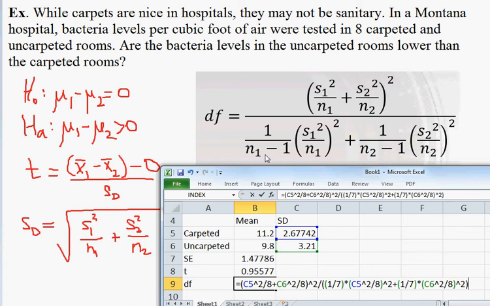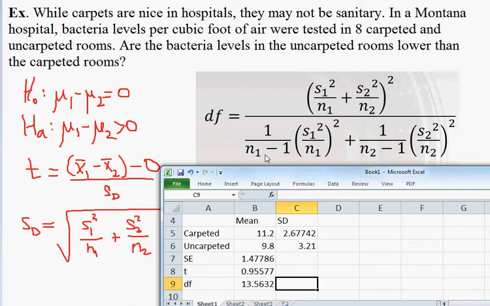So hopefully I have typed that in correctly in Excel to match the formula on the screen. And that works out to be 13.56, and we round down to the nearest integer to be 13.